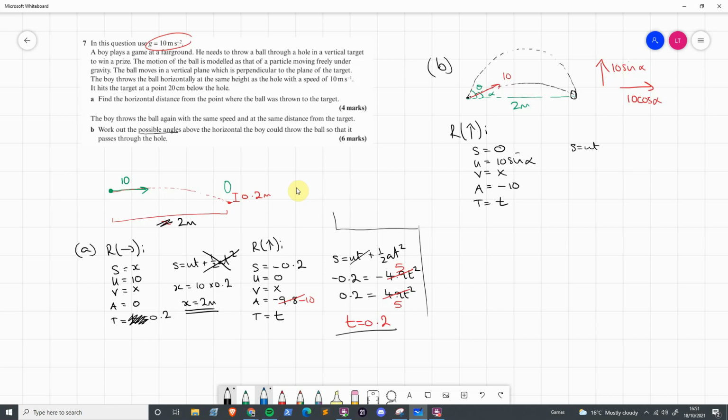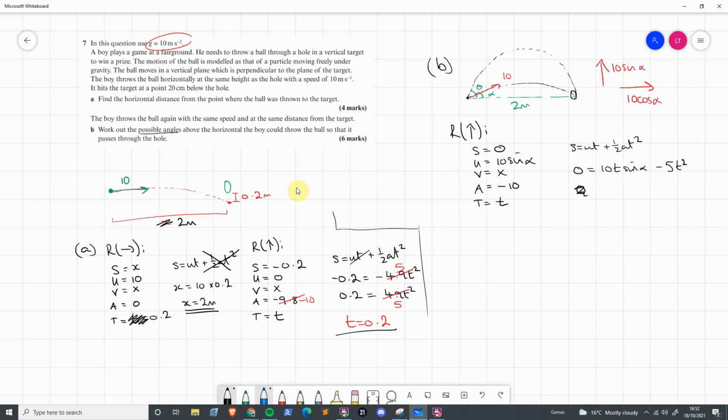So let's just start off with this. So 0 equals 10t sine theta minus half a, which is 5, minus 5t squared. We'll tidy it up a little bit.